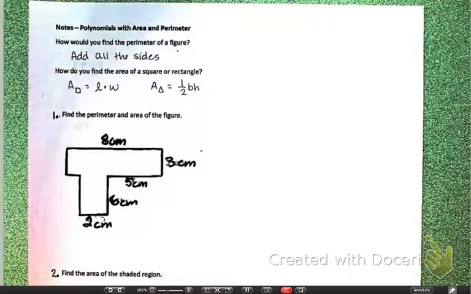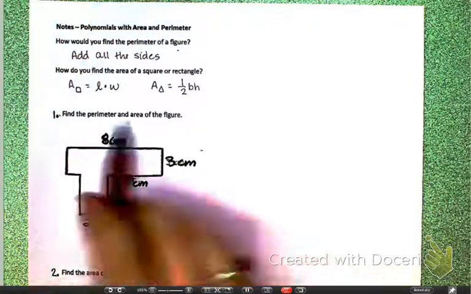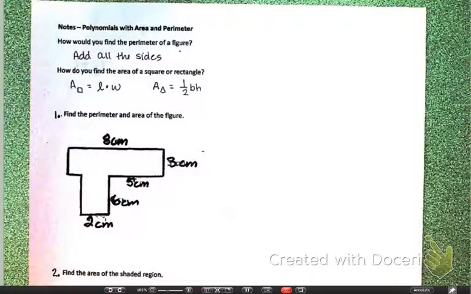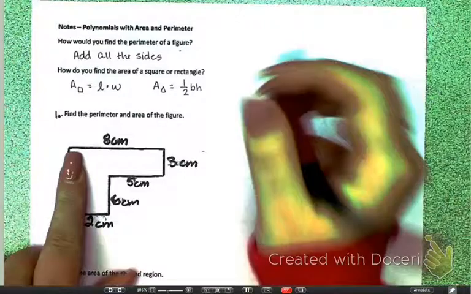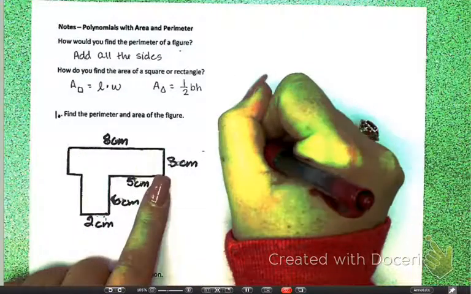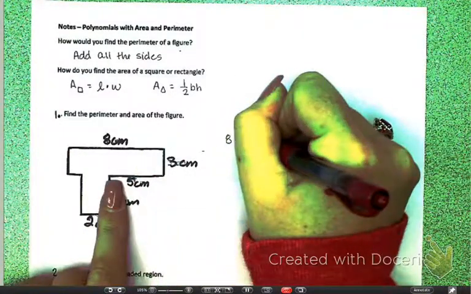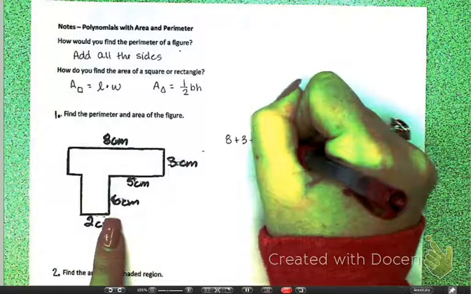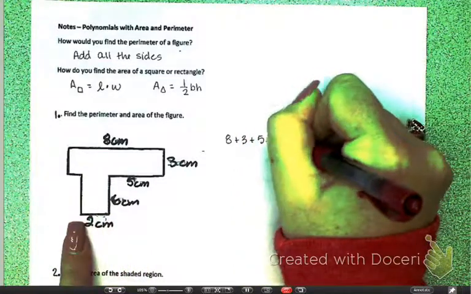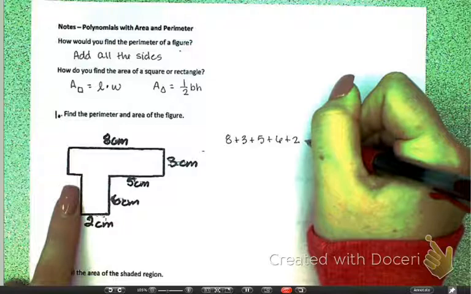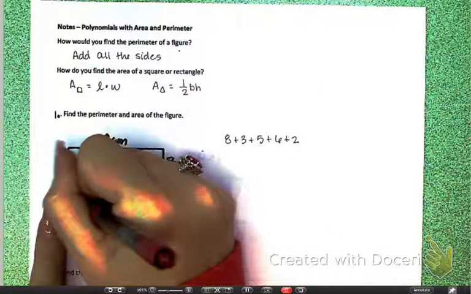Okay, so if I want the perimeter, it says perimeter and area of the figure. So let's start with perimeter. I have to add up all the sides. So this top side is 8 plus 3 plus 5 plus 6 plus 2. What's this side here? 6, because it matches.